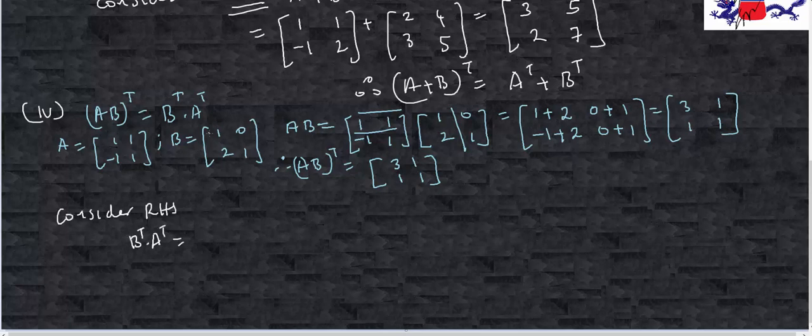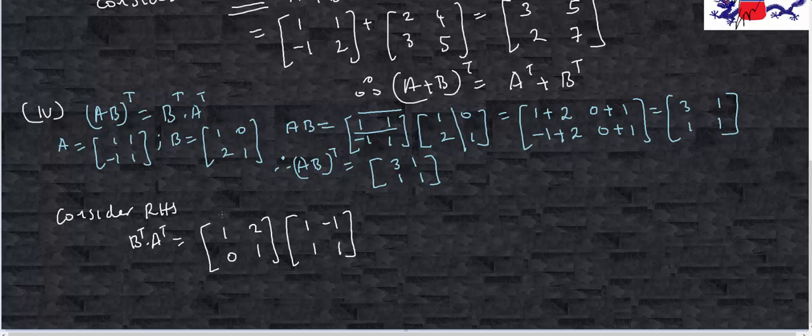To start off, consider the right hand side. Now if you were to take the transpose of the matrix B, the rows would become columns. So that is going to be [1, 2; 0, 1]. That has to be multiplied with A transpose. Again, the rows would become columns. So that is going to be [1, -1; 1, 1].